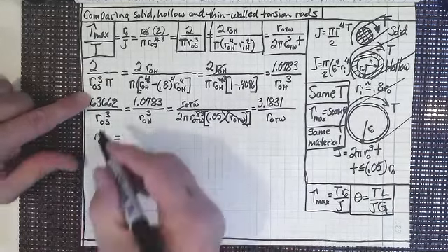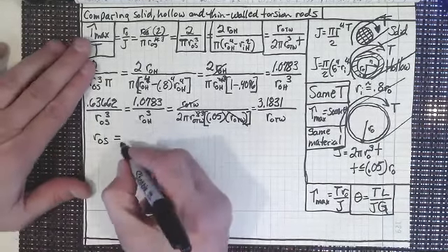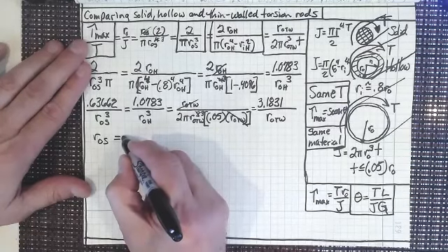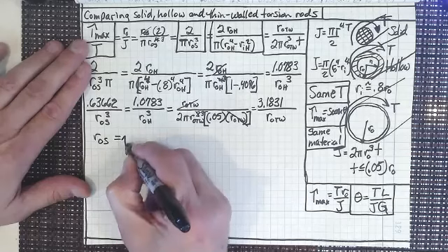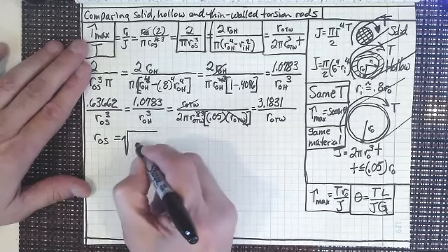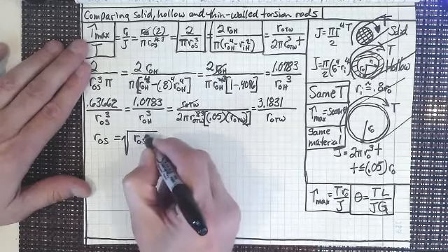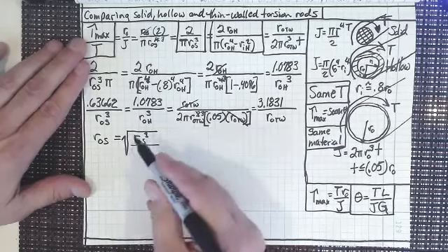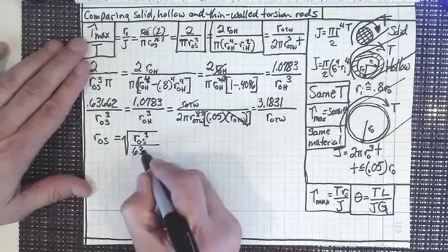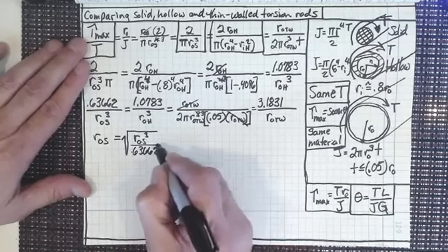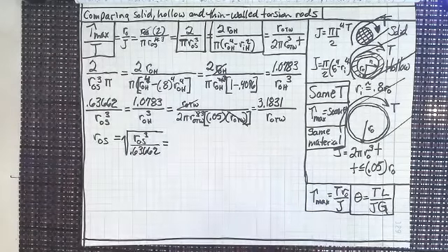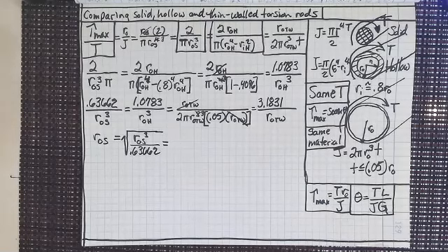I'm going to actually write it here. This is going to be the cube root of R outside cubed divided by 0.63662. Right? Everybody see what I'm doing there and how I'm now getting the outer radius or whatever.